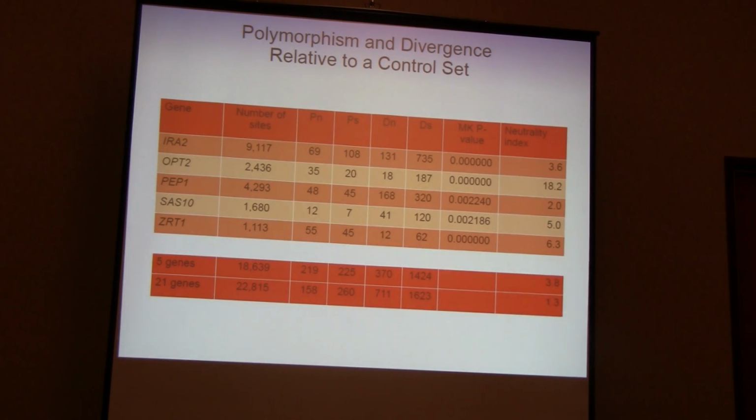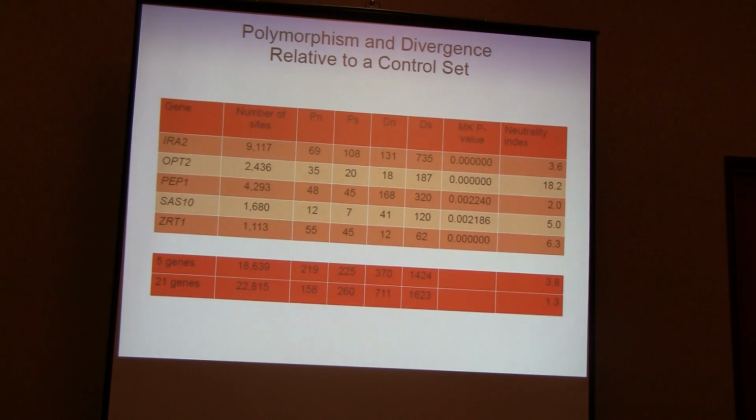And then there was new, more complete genome sequence data available, and we used this and recalculated the number of non-synonymous and synonymous polymorphisms, and non-synonymous and synonymous differences between species. And for all 5 of these genes, the McDonnell Kreitman test is significant, and the neutrality index for all of these is above 1, which means that there's an excess of non-synonymous SNPs within the species.